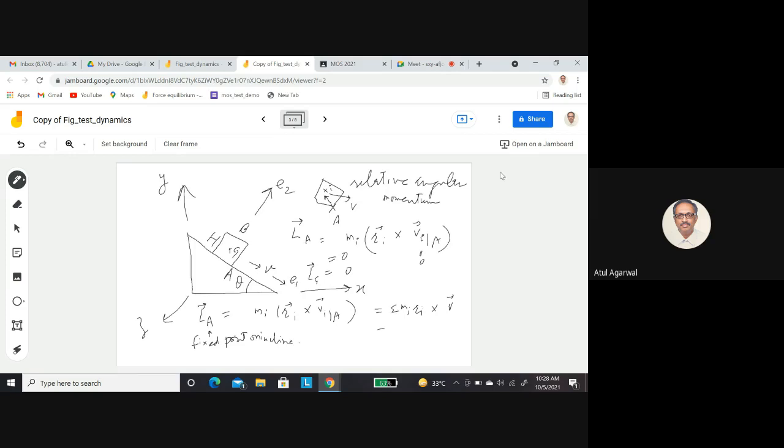What you will get is nothing but the center of mass term, so this becomes your angular momentum of the block with respect to the fixed point A on the incline. Any questions? This v is the same as the velocity of the centroid or velocity of the block. It's a case of pure translation. No problem.